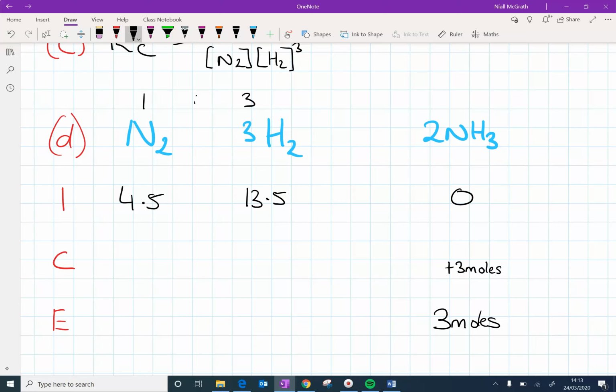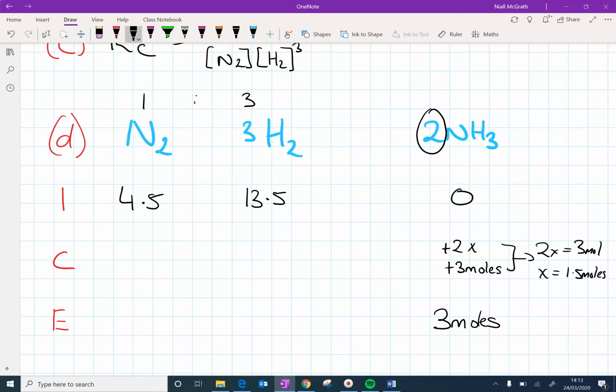Now usually we would assign a substitute for an unknown such as x, so we can do this for this one as well. In this case though, you know that it's 2x because you have this 2 here. So we have that 2x is equal to 3 moles. So that means that x is equal to 1.5 moles.